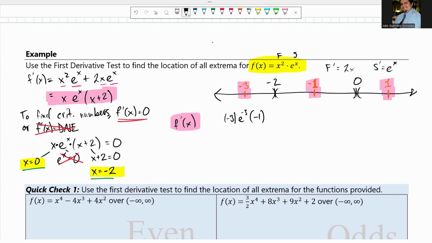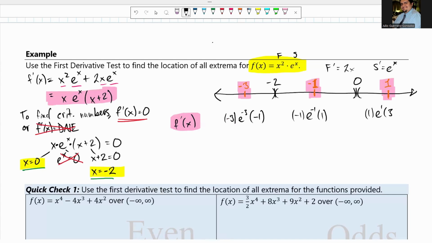If I do the same thing with -1, I get -1 e to the -1 times 1. And if I plug 1 in, I get 1 e to the 1 times 3.